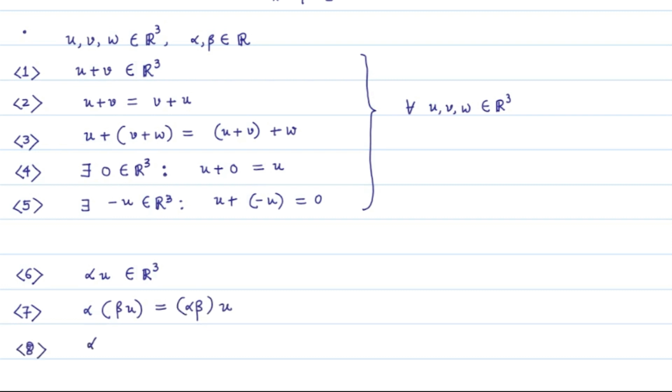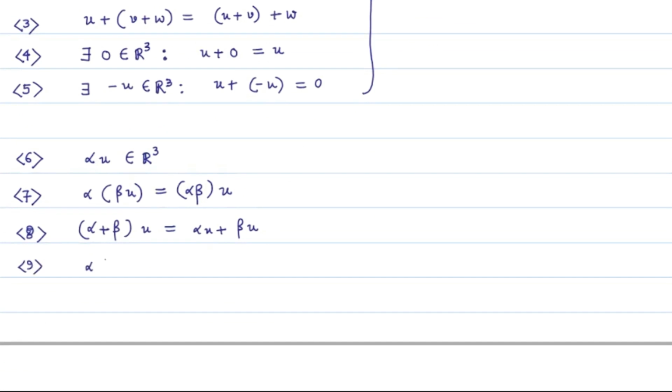We also have the distributive property that alpha plus beta times u is equal to alpha u plus beta u, and alpha times u plus v is equal to alpha u plus alpha v.